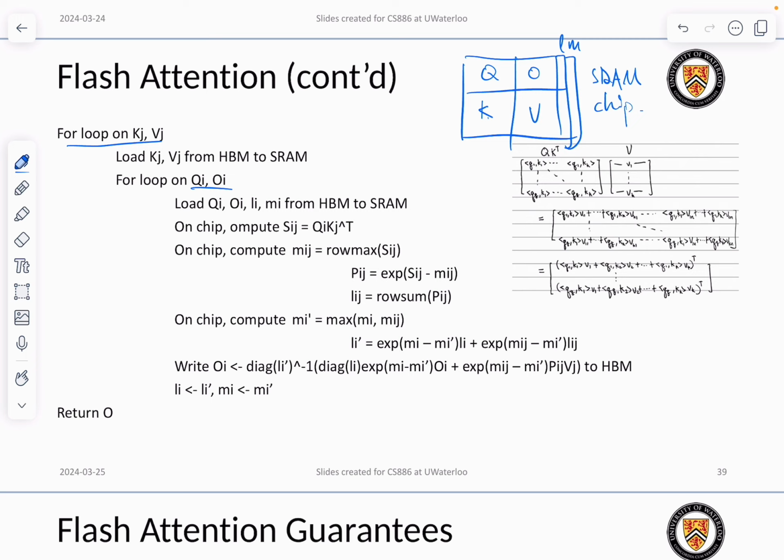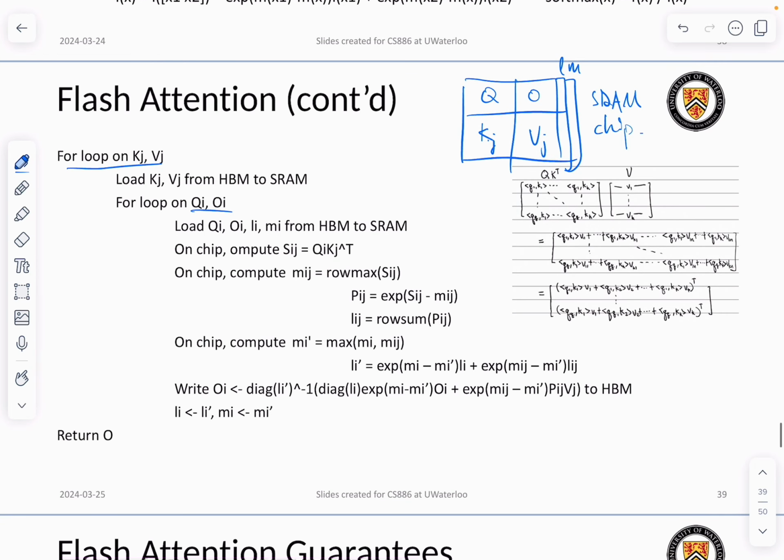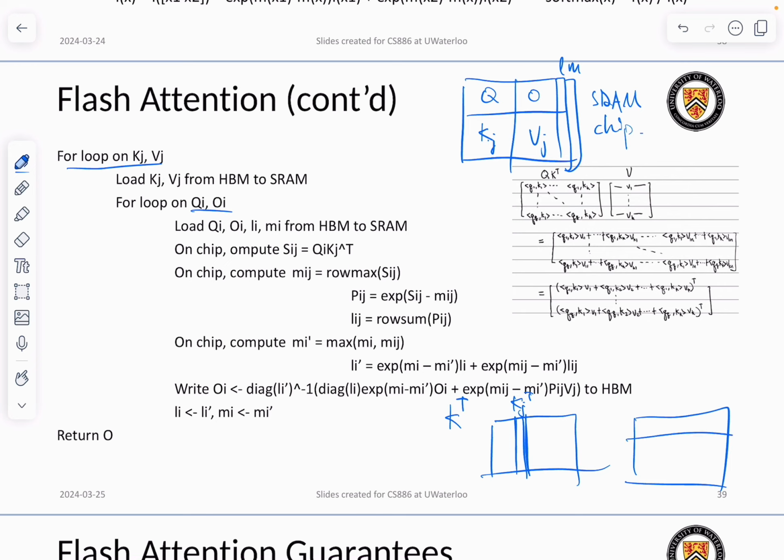We initially load Kj, Vj, which is basically a subset of K and V. You can think of the entire matrix of K like this, KT, and then Kj is some number of columns of K, and then Vj is some number of rows of V. This is KjT, this is VjT, and this is V, and the same for Q and O.